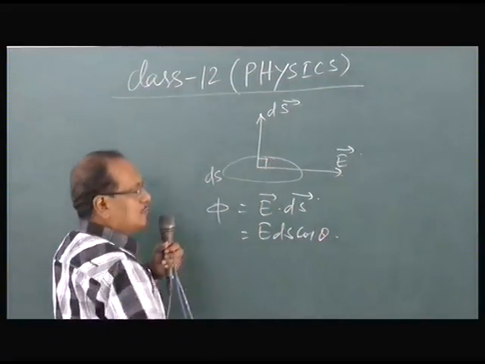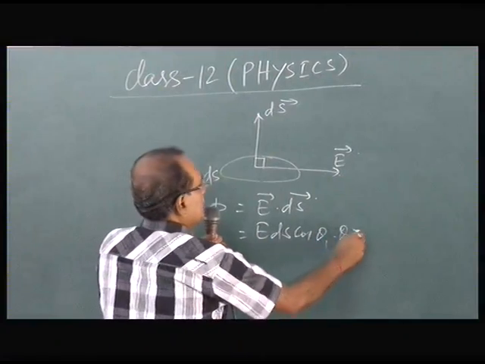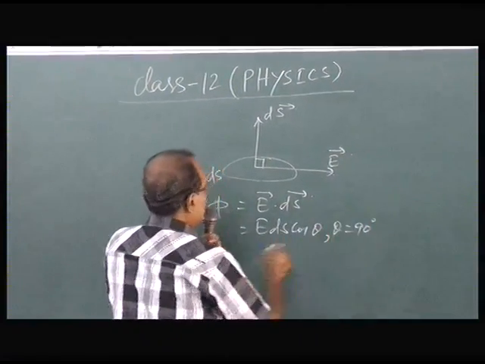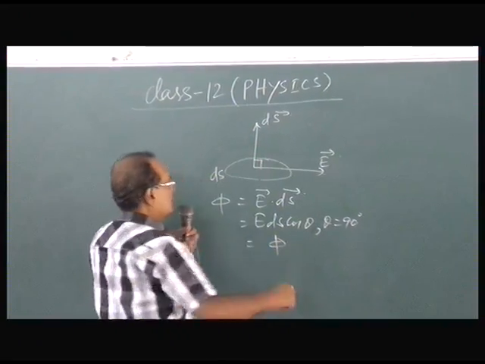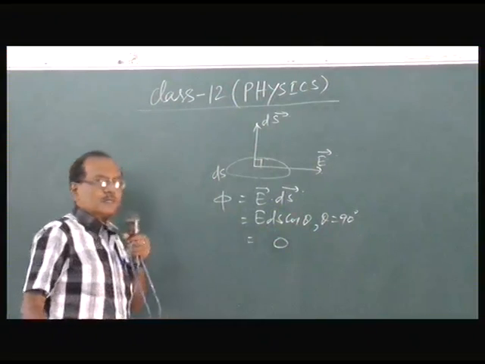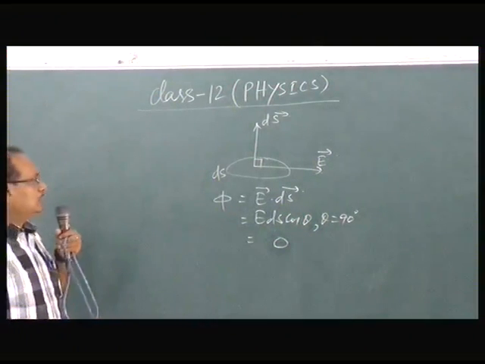Here theta is equal to 90 degrees. Therefore this will be 0. Electric flux will be 0.